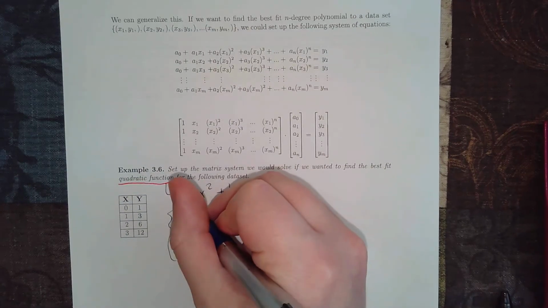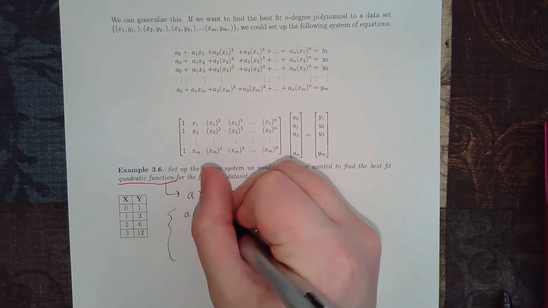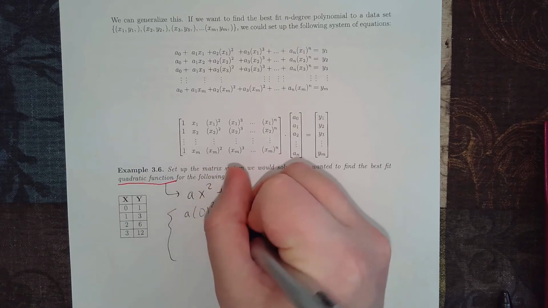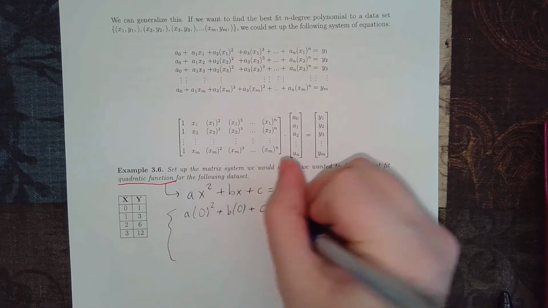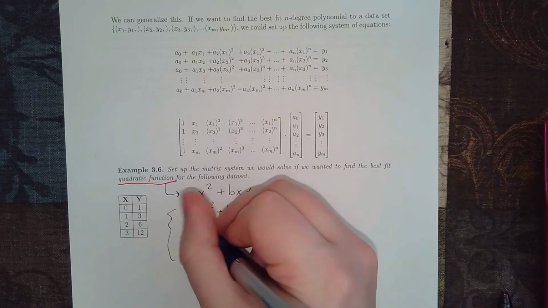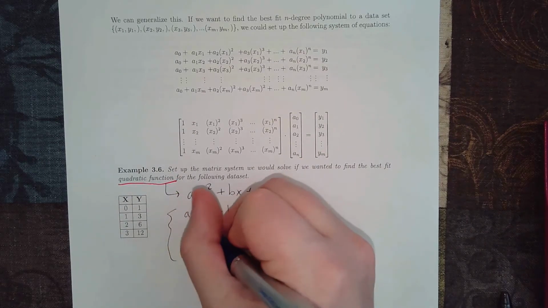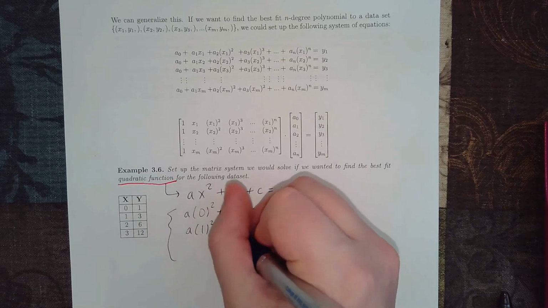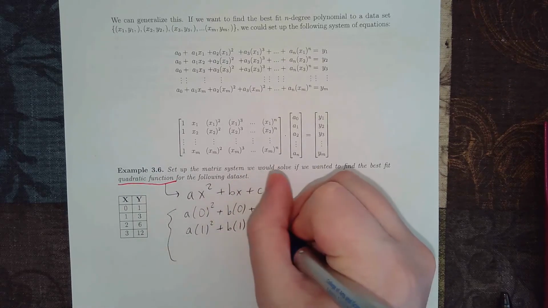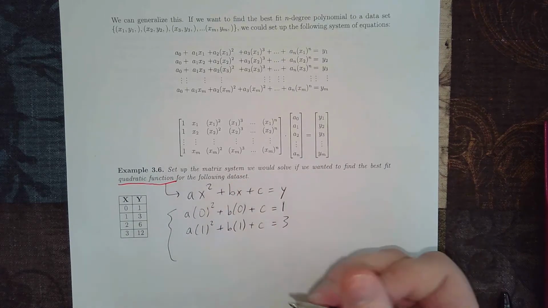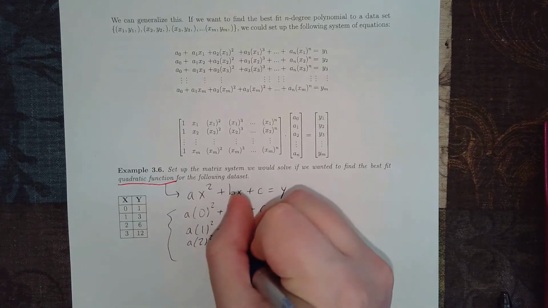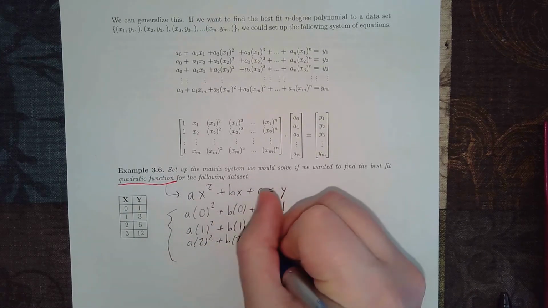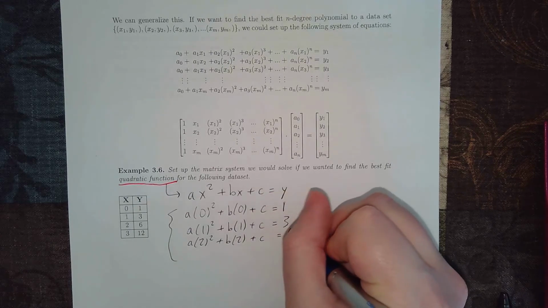And so here, the first equation will be a times 0 squared plus b times 0 plus c equals 1. We'll get a times 1 squared plus b times 1 plus c equals 3. We'll get a times 2 squared plus b times 2 plus c equals 6.